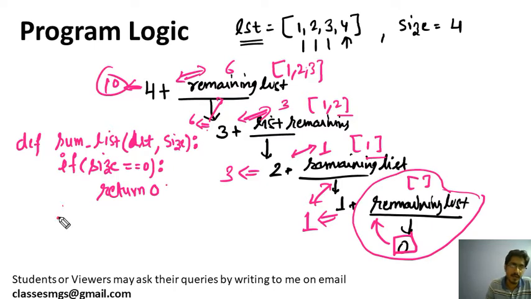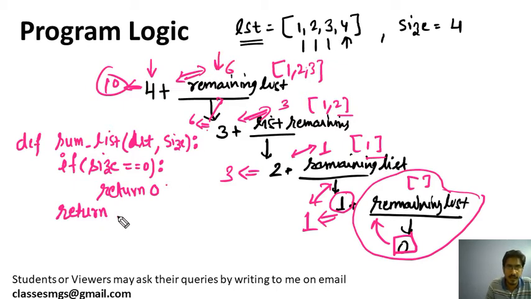Otherwise, what we will do, we will add the remaining element and we will pass the remaining list. So like this, we are adding the 4 and then we are passing the remaining list here.